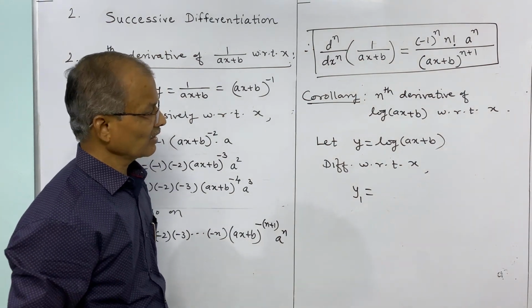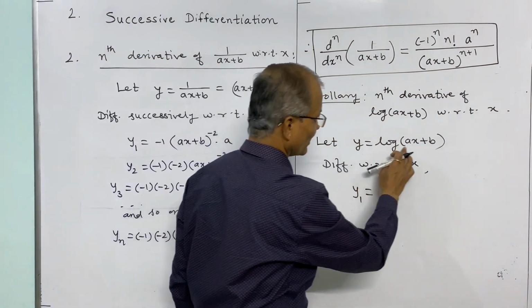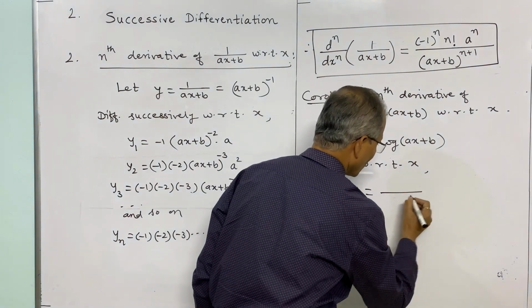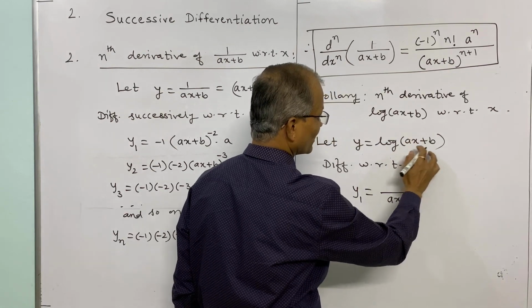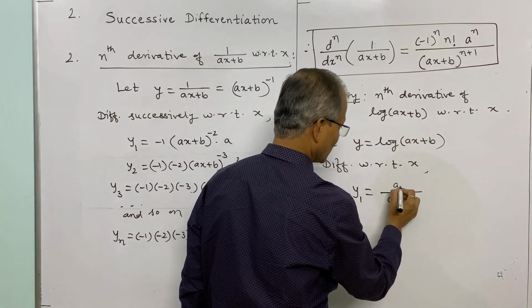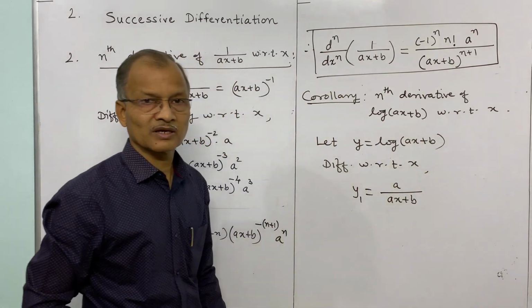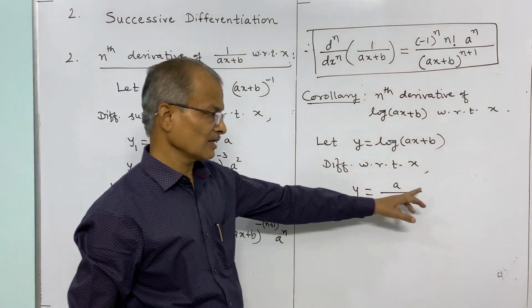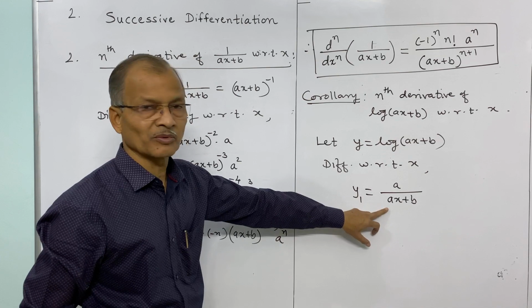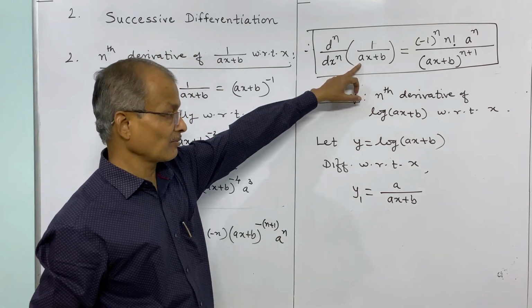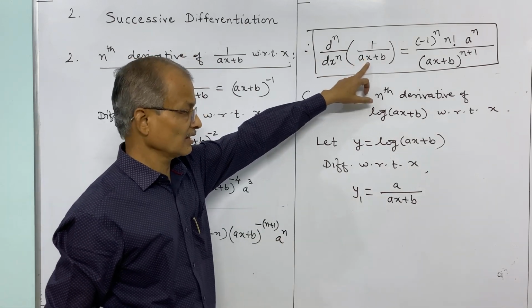Log x derivative is 1 upon x, and similarly, log of (ax plus b) derivative is 1 upon (ax plus b) into the derivative of the inner function, that is a, and I shall write that at the numerator. So this is y1, or we may write this a separately. Now this function is a reciprocal function, and we have this formula for 1 upon ax plus b.